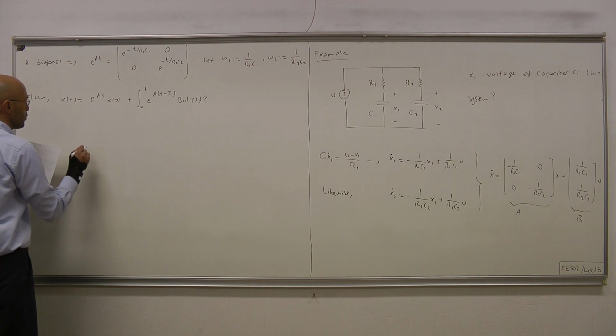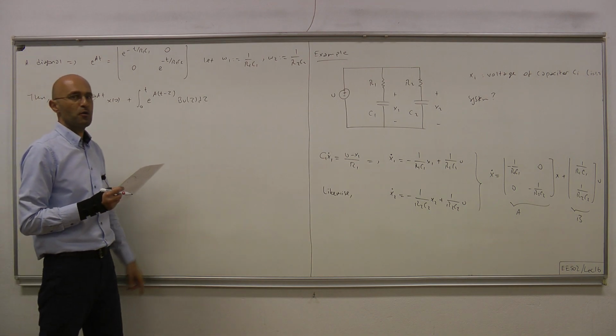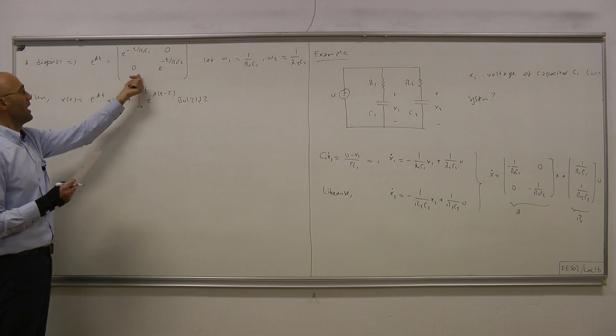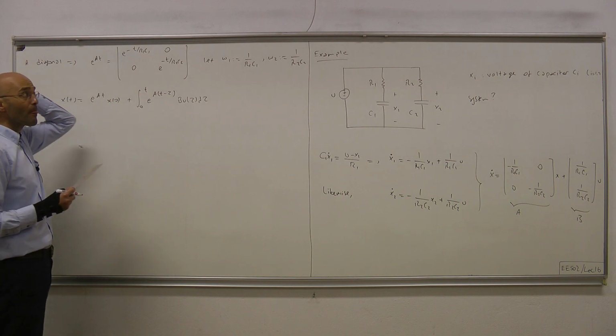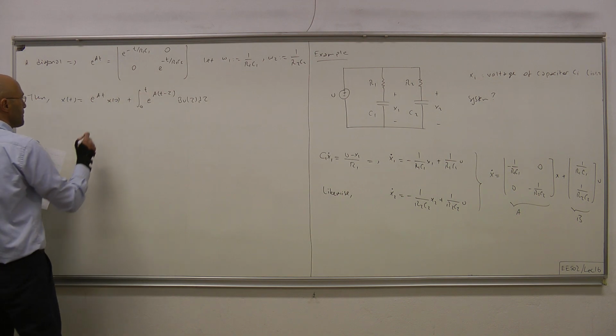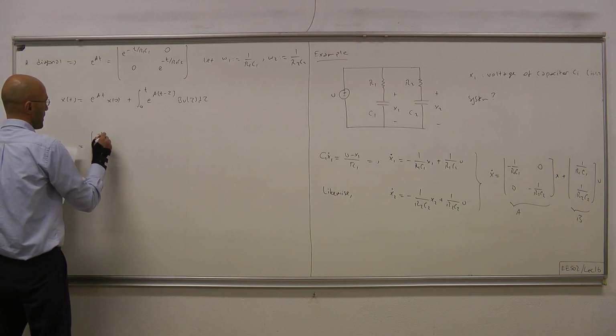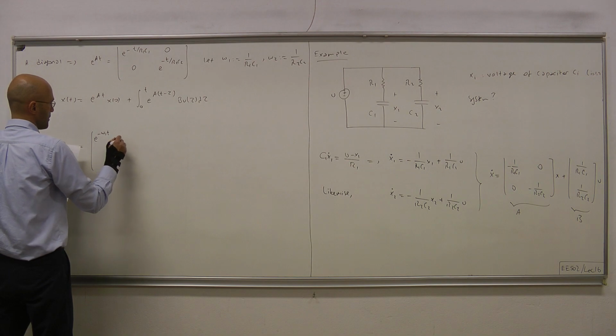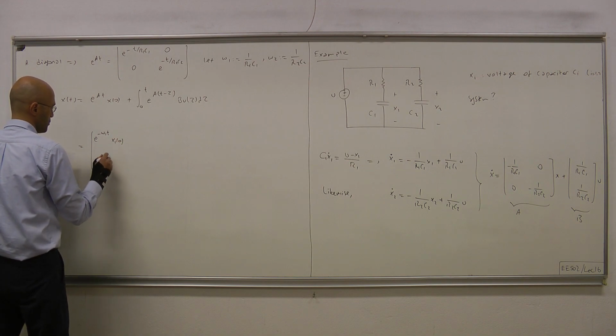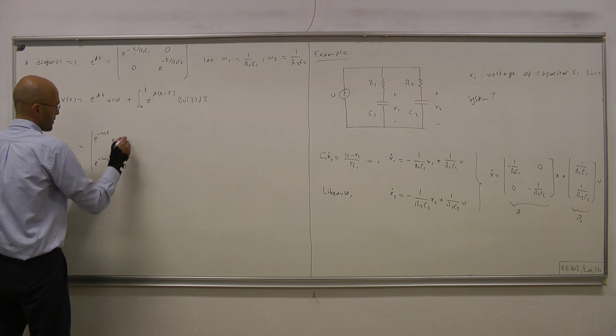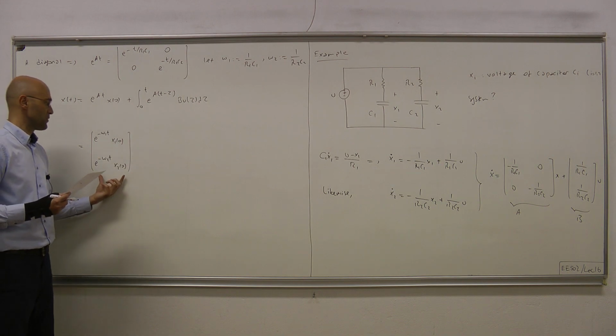x10 and x20 are the initial condition vector, and e to the At is diagonal. Therefore, this will produce the following: e to the minus omega 1 t x10, e to the minus omega 2 t x20. So that's the homogeneous part.